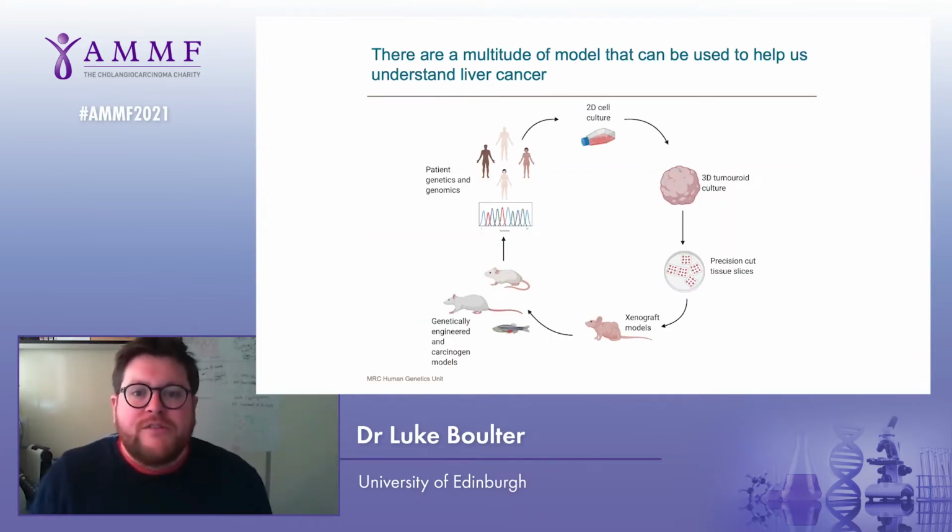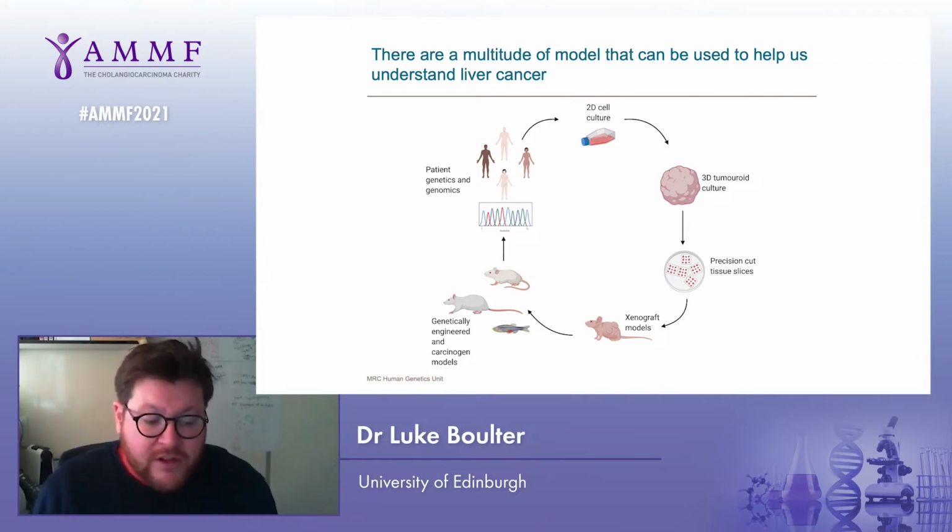There are a range of models that are available. Many of you will be familiar with these. The best model, I suppose, is the patient. Understanding the cancer in the context of underlying disease, understanding the genetics of those cancers and the heterogeneity therein are important aspects of modeling.